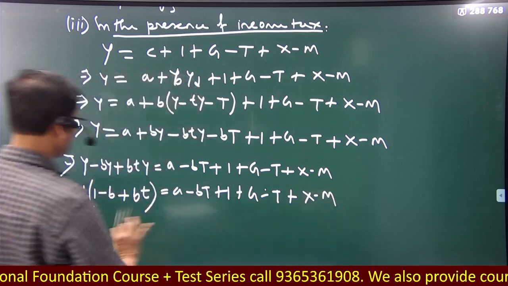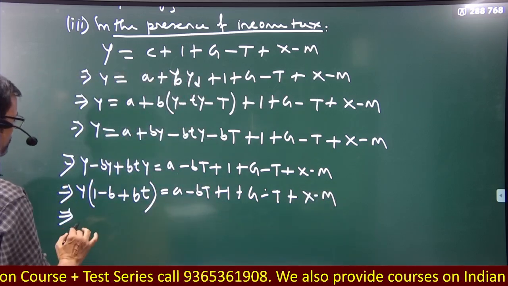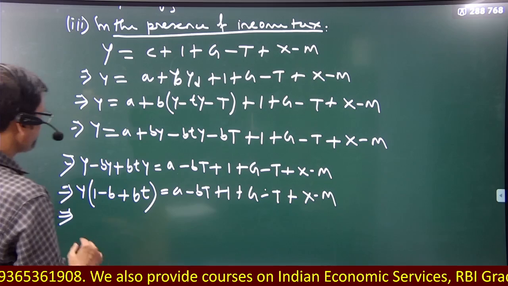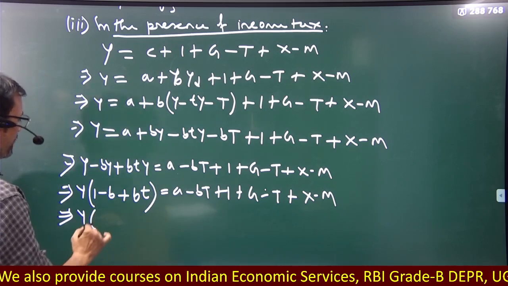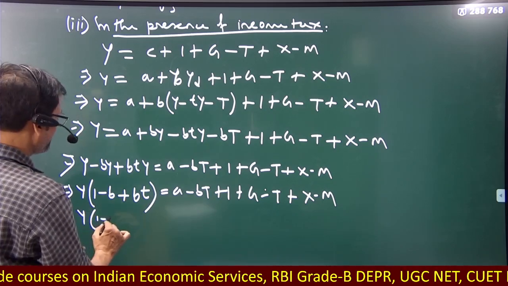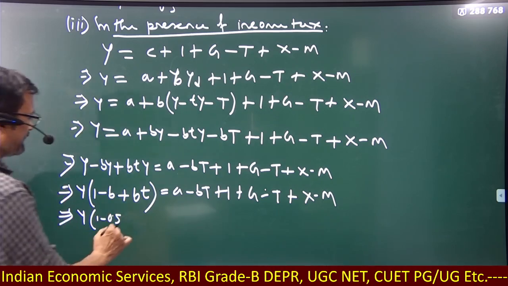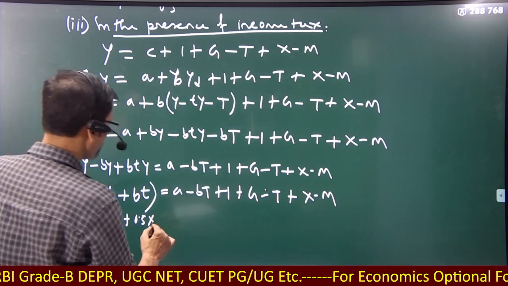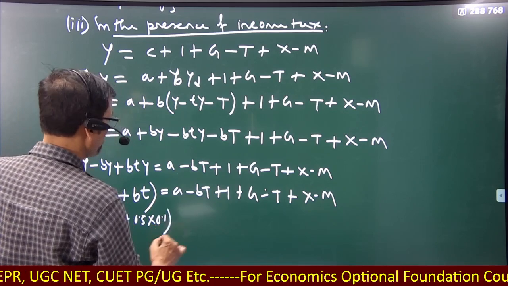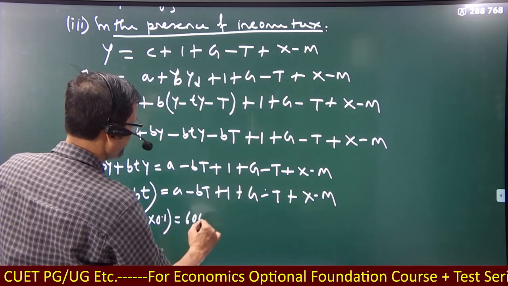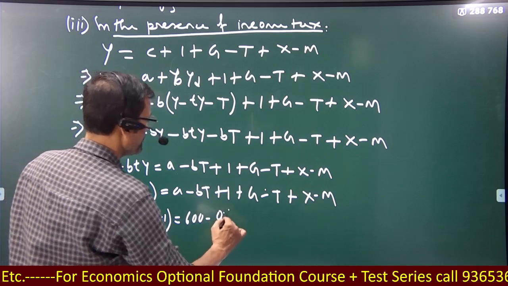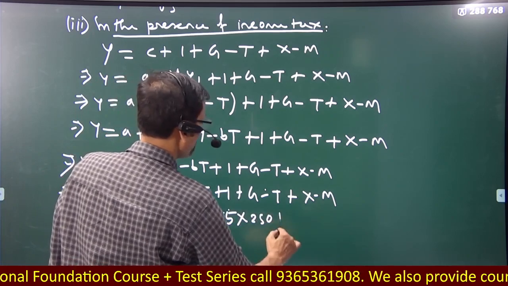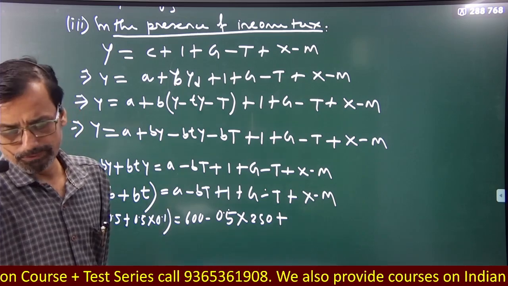Now just put the values. After putting the values, Y times 1 minus 0.5, in place of marginal propensity, plus 0.5 times the rate of tax 0.1. A is 600 minus B 0.5 times tax 250, investment, how much is investment?